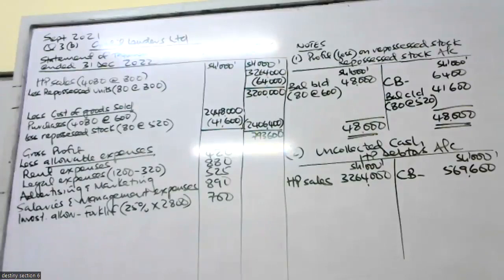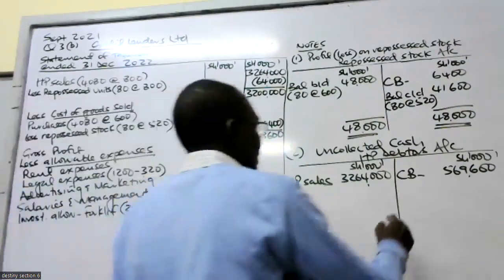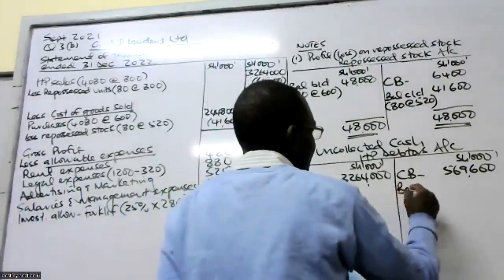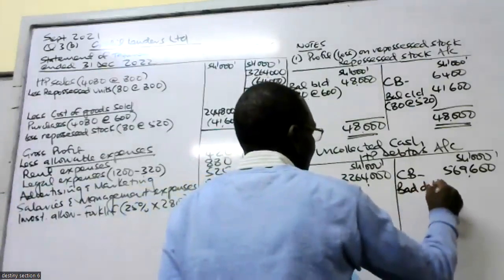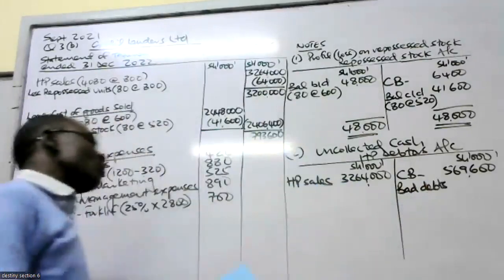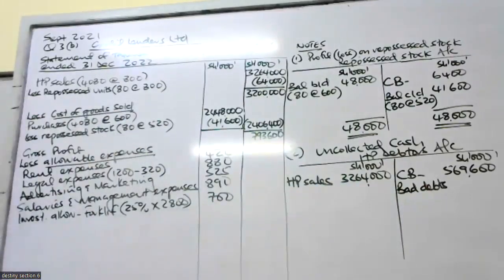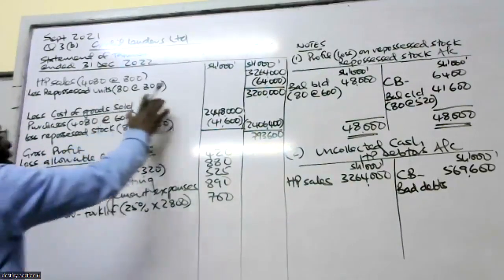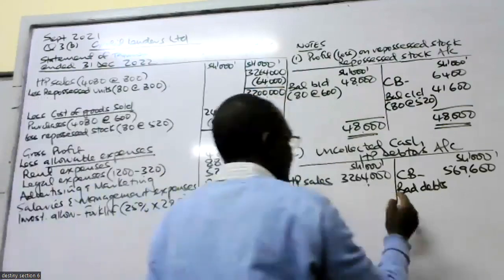Then out of the repossessed units, the 80, there'll be bad debts. There's some amount that will never be received, and the reason is that the goods are already repossessed. They are not with the customers, so you cannot expect the payment. So we get the total sales that were repossessed. The 80 units at 800 had given us 64,000.